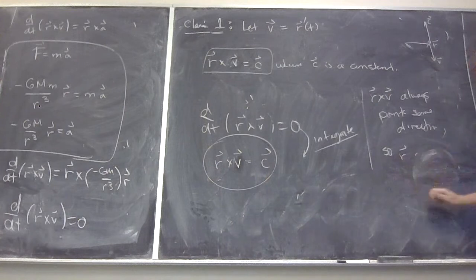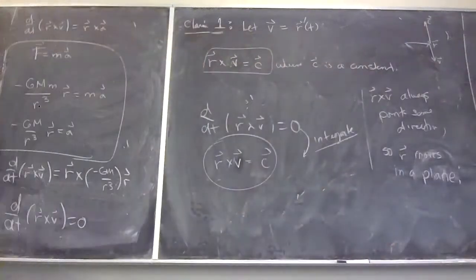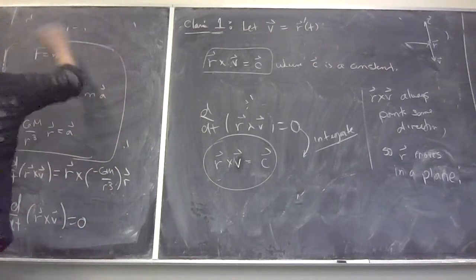Sorry, I'm supposed to maybe rewrite this so it actually reads like English. r moves in a plane. So this is actually the first step towards Kepler's first law, which says planets move in ellipses with the sun at one focus. In order to get that, I have to start with the idea that the planets move in a plane.